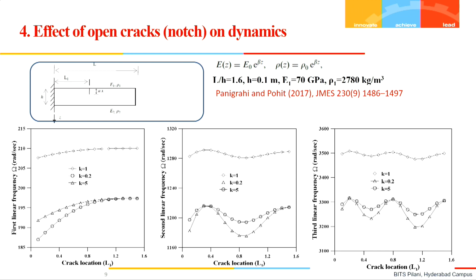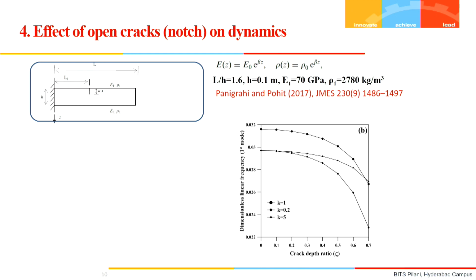Otherwise, it will affect in the same manner, and the same goes for the third natural frequency. Similarly, for crack depth ratios, if we increase the crack depth, then definitely the natural frequencies will reduce. For all the modes, the same behavior is obtained, and this is for the linear frequencies.